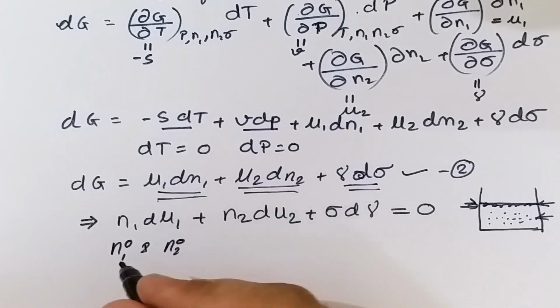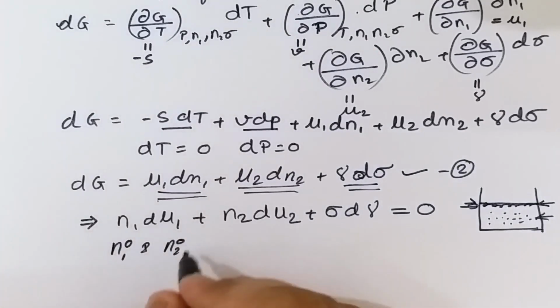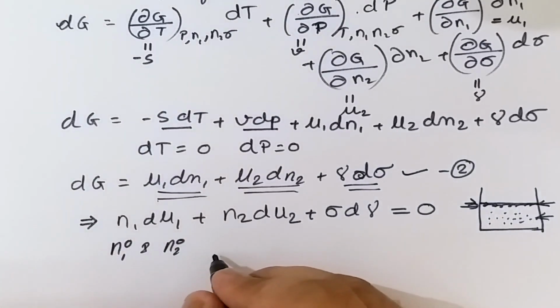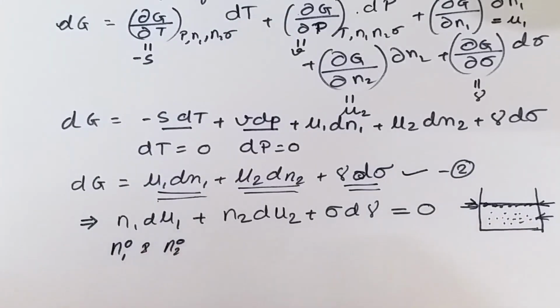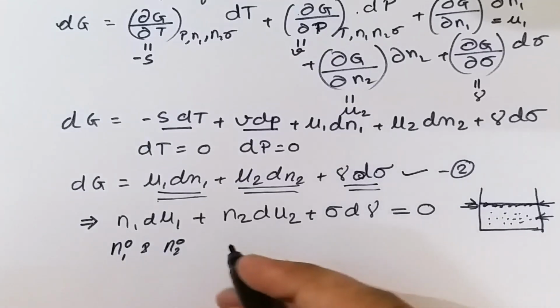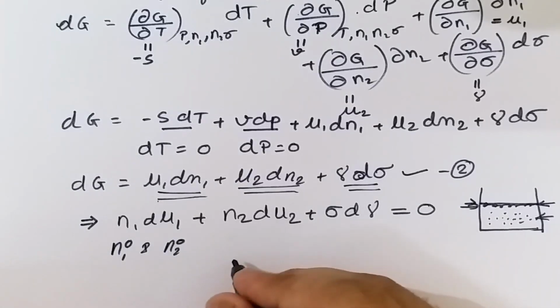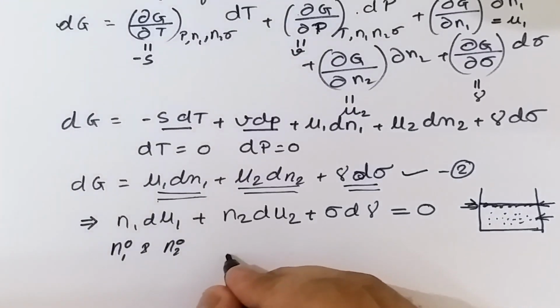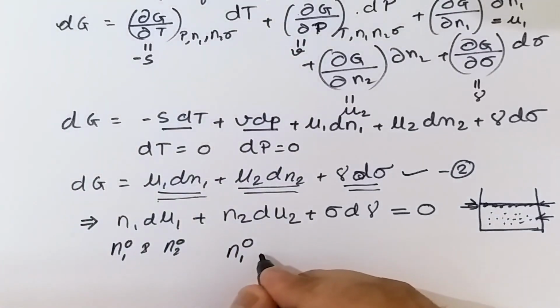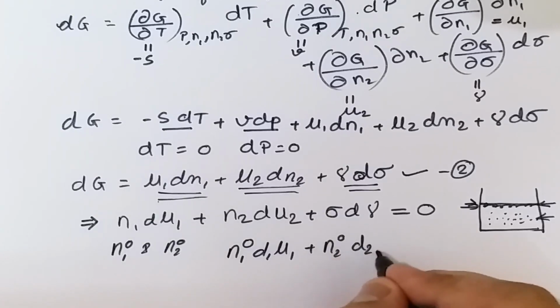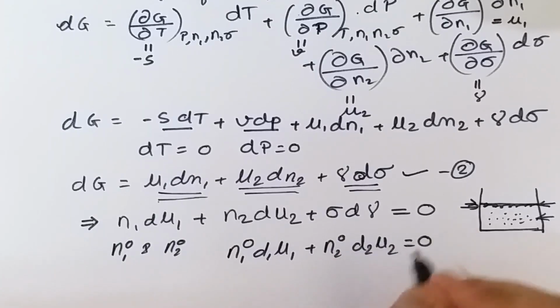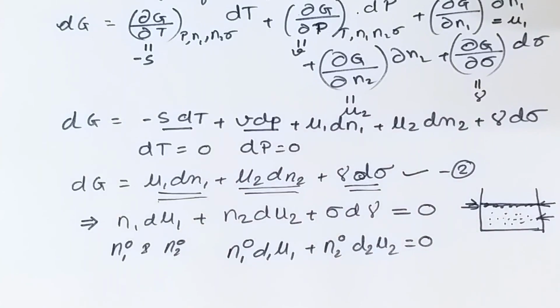Similarly, N10 and N20 are the number of moles of the two components in the bulk phase, that is, N10 will be our liquid and N20 will be our solute. Then in the bulk phase we can write N10 d mu1 plus N20 d mu2 is equal to 0.